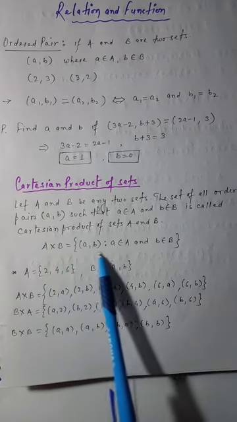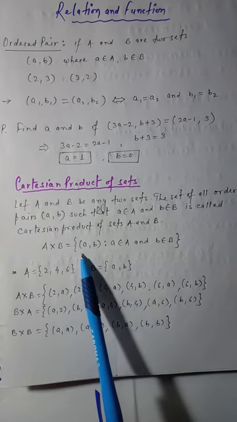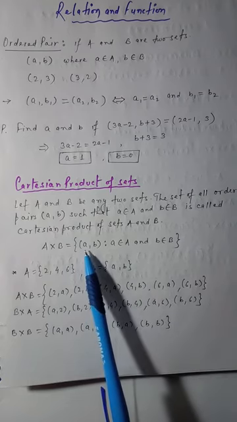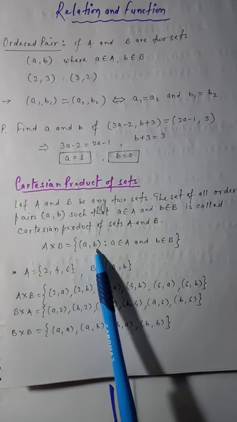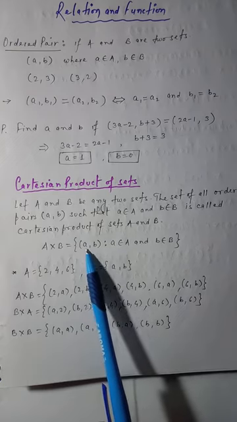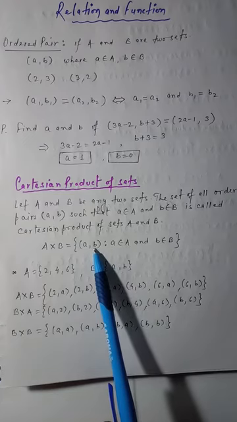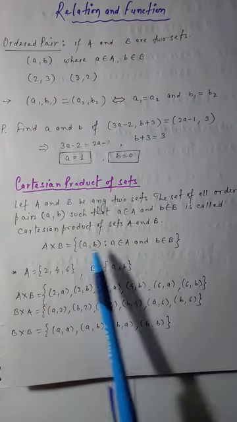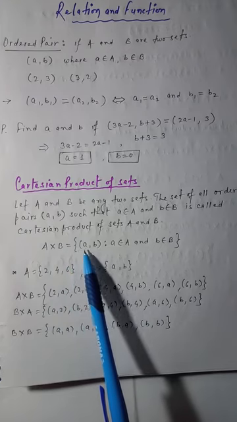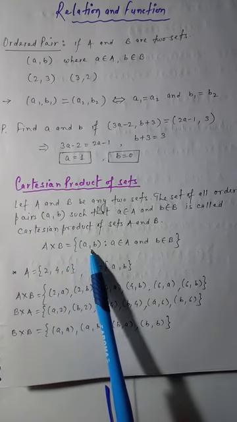It means this is a set, and it is represented in set builder form. So here a comma b I have written such that this first element a belongs to set A and this small b belongs to set B. It means in A cross B, elements are in the form of a comma b.